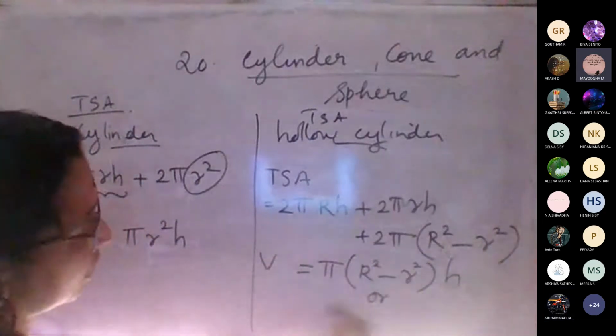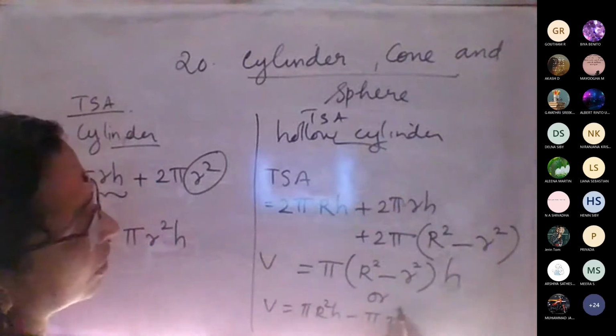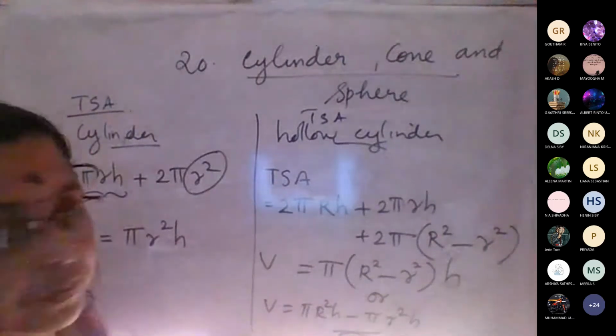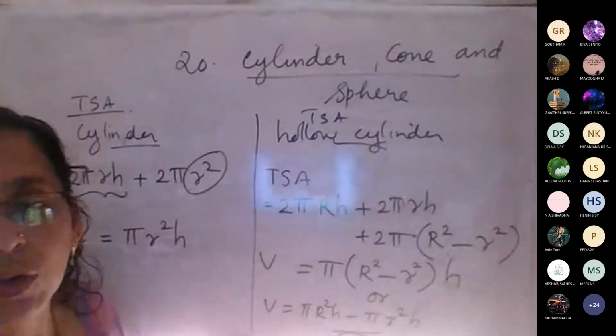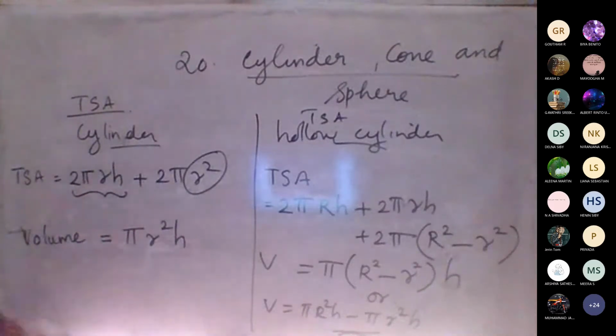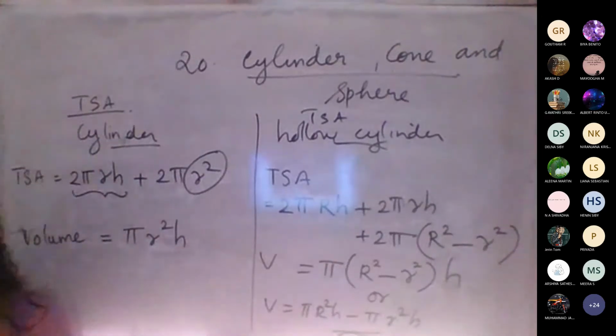Or, if you want, you can change the bracket: pi capital R square h minus pi small r square h. Volume of a cylinder is equal to pi r square h. Volume of a hollow cylinder is equal to pi capital R square h minus pi small r square h.